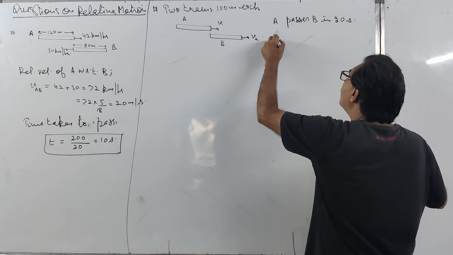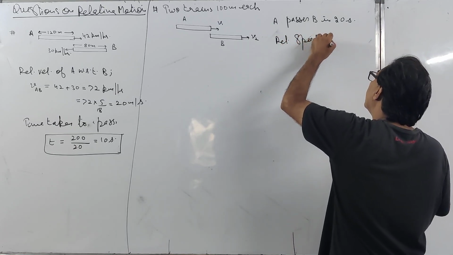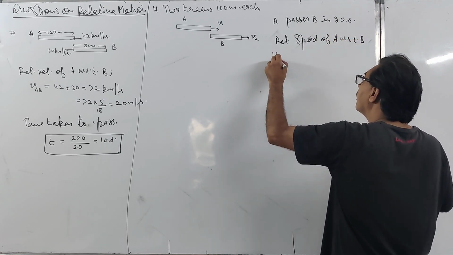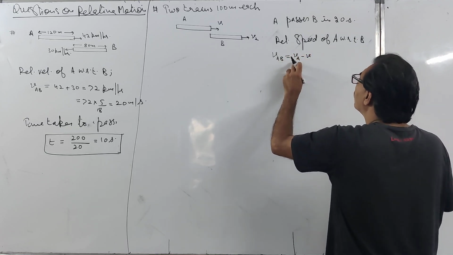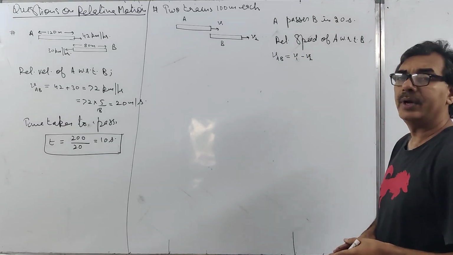What is the relative speed of A with respect to B? VAB is equal to VA minus VB, is equal to V1 minus V2.